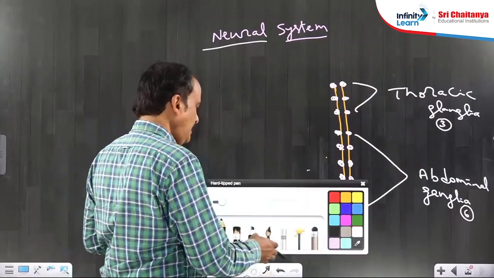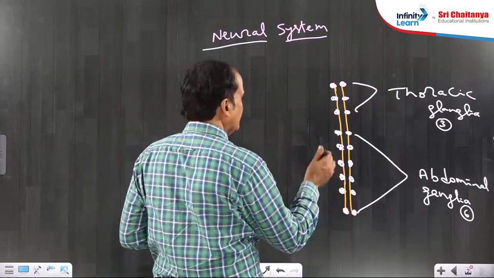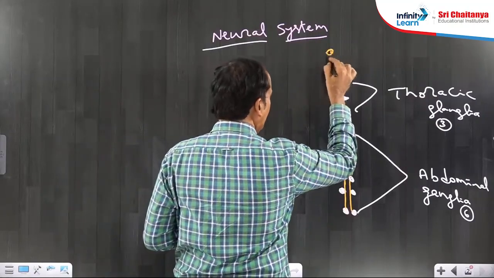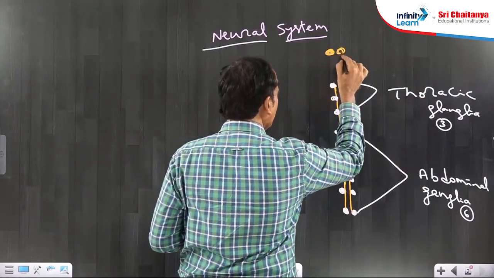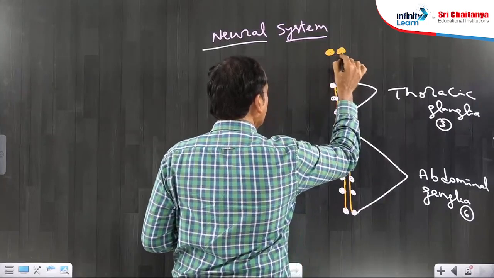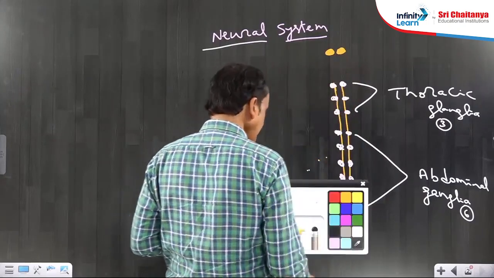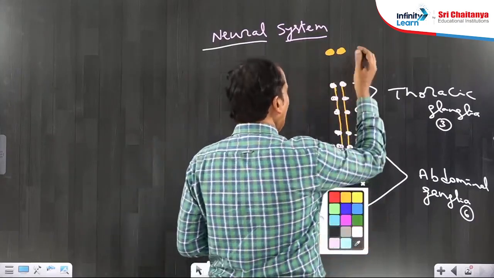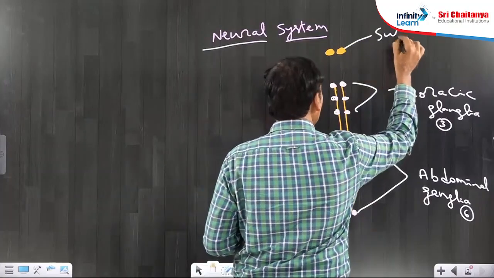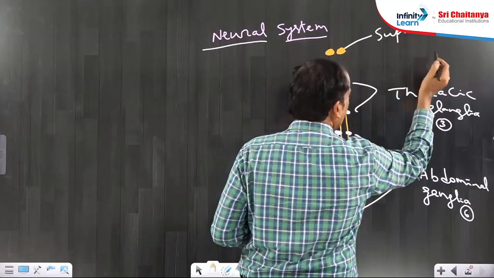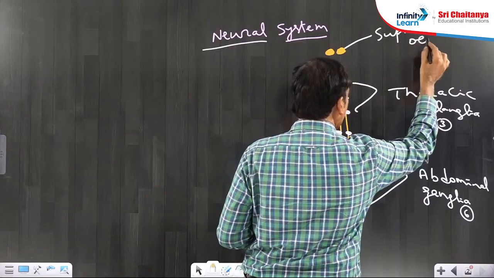Head region is provided with a pair of ganglia above esophagus, which are named as supraesophageal ganglia because they lie above esophagus.